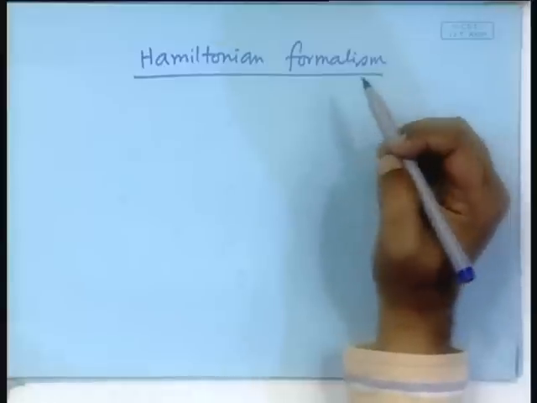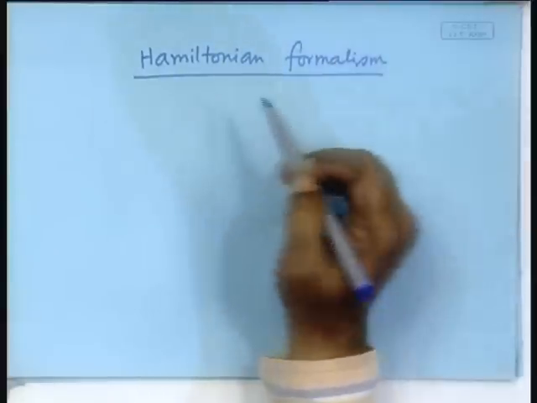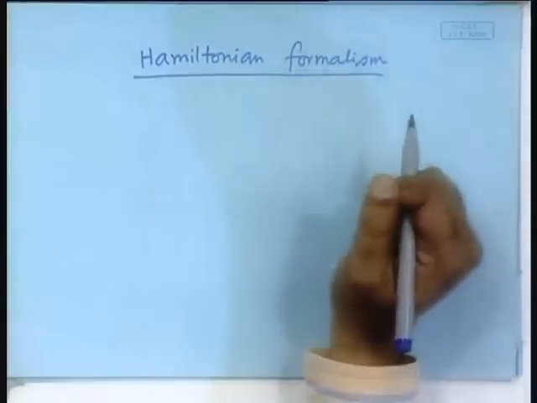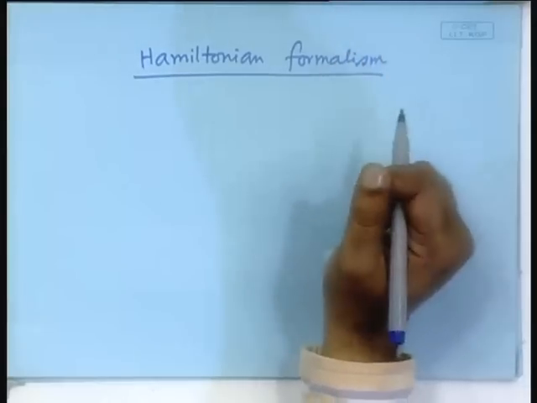In the early 1830s, Hamilton proposed this formalism, and that is why it is known as the Hamiltonian formalism, in which, in the Lagrangian formalism, we defined the Lagrangian function. What was it?